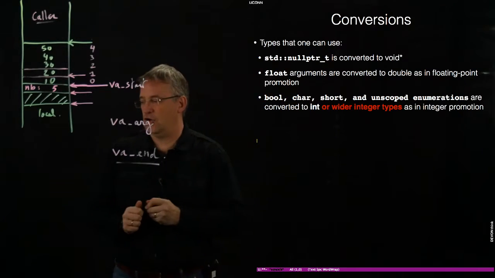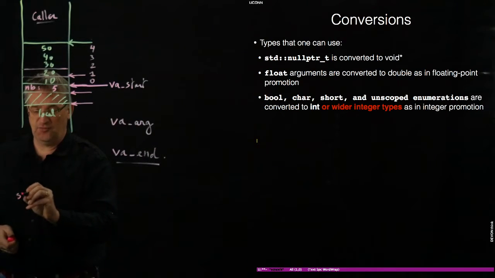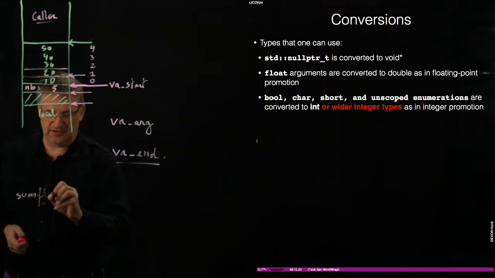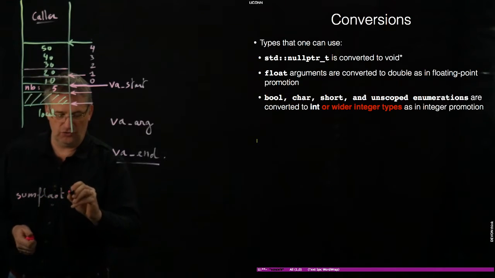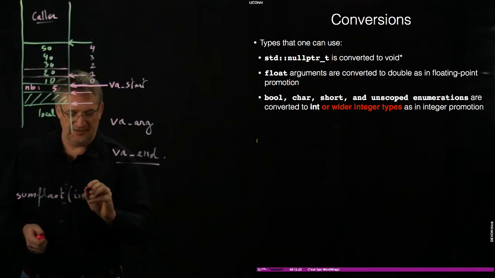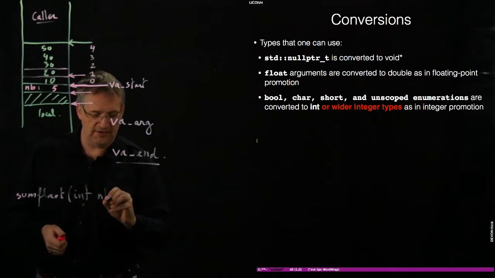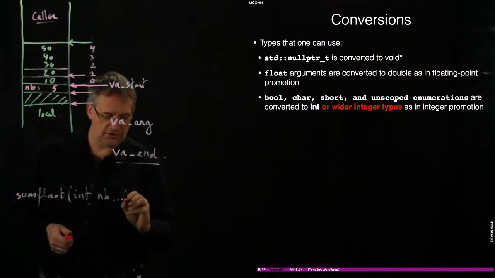So imagine that we have some float, which is another variadic function that works over float, and I say there is an integer that tells me how many floats, and then I have 3 dots behind.